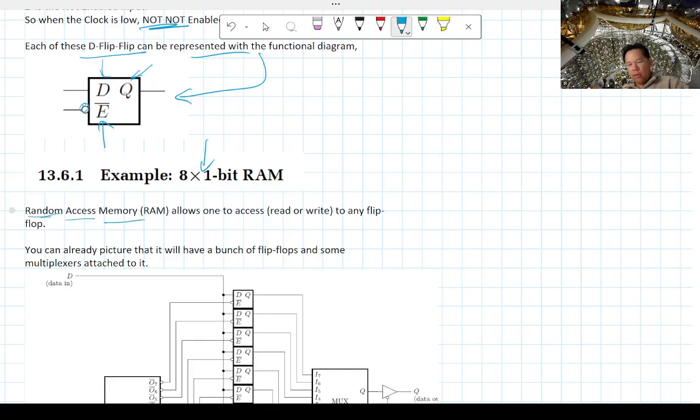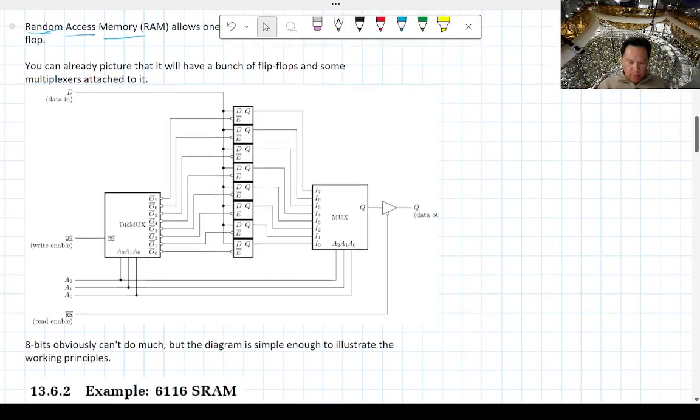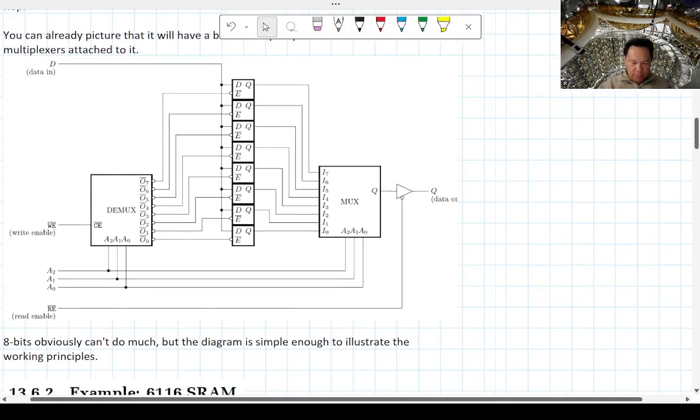That means it allows one to access those particular flip-flops at any time you want, at any interval, at any position you want. And the way you do this is basically by putting your D flip-flops all in a row, and then you're going to have a multiplexer and a demultiplexer on both sides. Okay, so that's what the schematic will look like here.